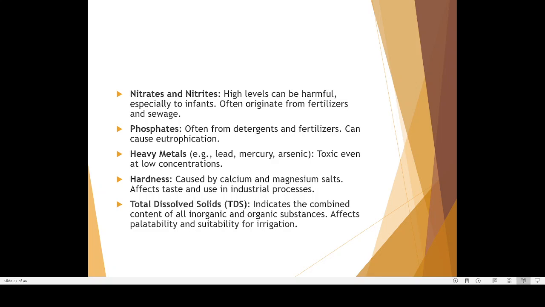They often originate from fertilizer and sewage. Most of the chemical fertilizer that we use contains a lot of nitrogen as well as phosphorus. If that water enters river or pond water and we consume it, naturally our body will also take in a lot of nitrate or nitrite, and that may not be very good for children, especially young babies.